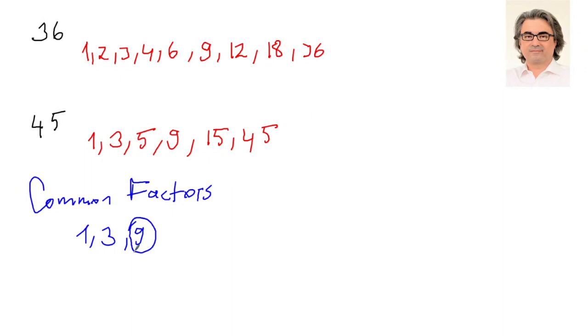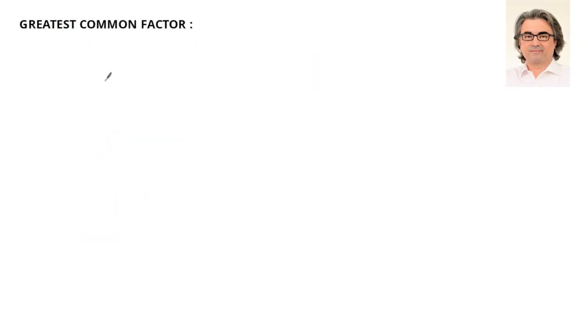So to find the greatest common factor, I should find the number which is the greatest divisor of the given numbers. I should find the greatest common divisor of the given numbers.